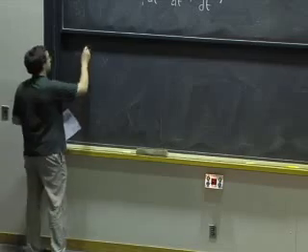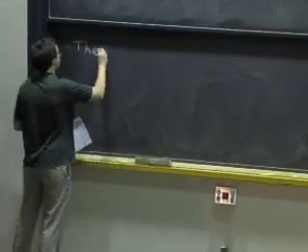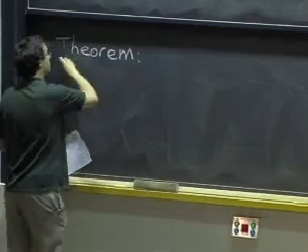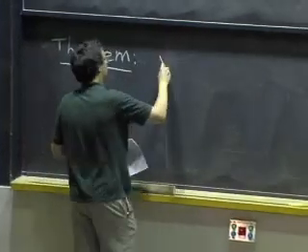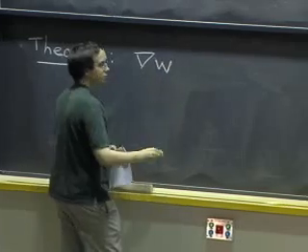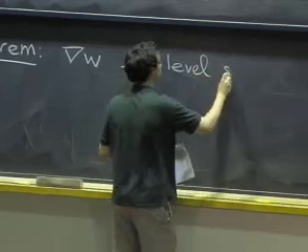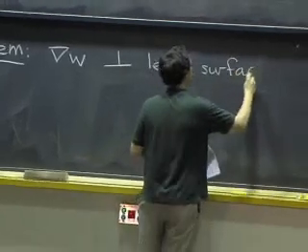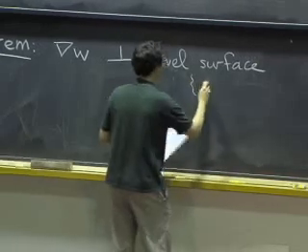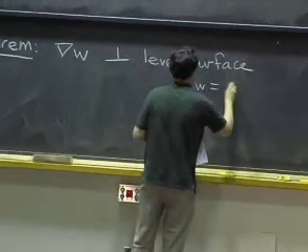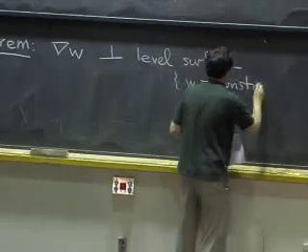But here's the first cool property of the gradient. I claim that the gradient vector is perpendicular to the level surface corresponding to setting the function w equal to a constant.